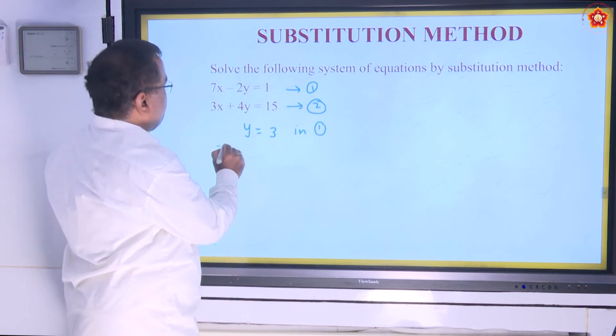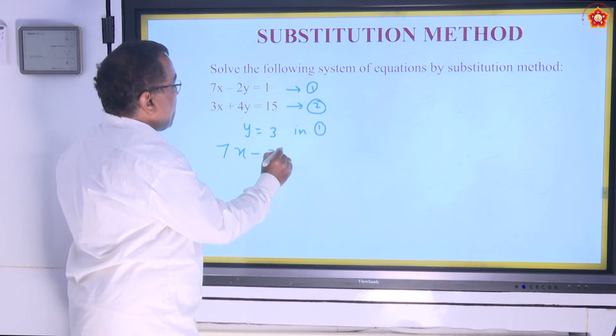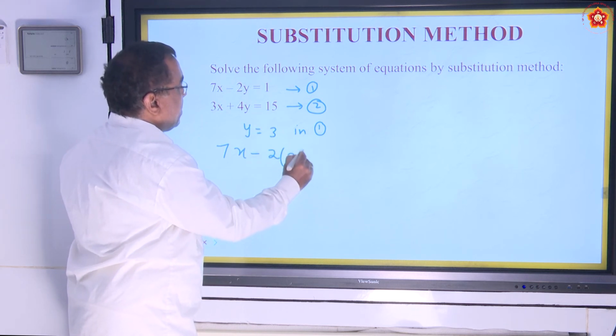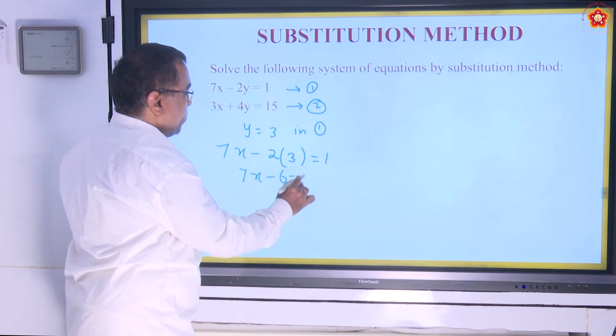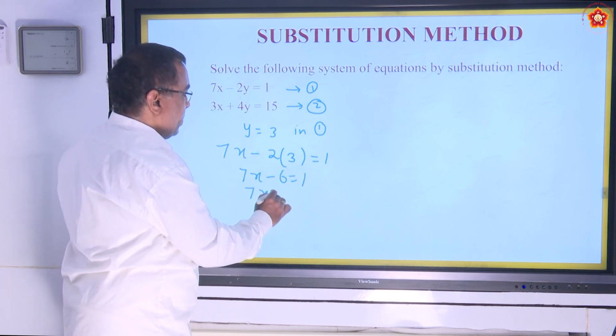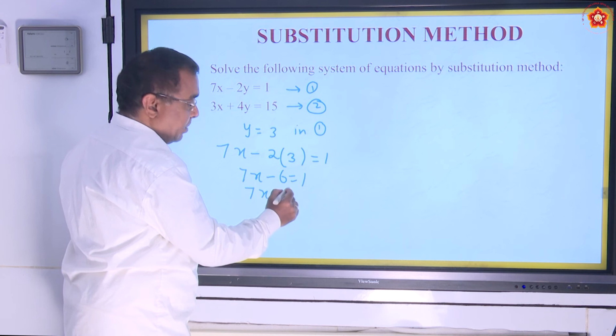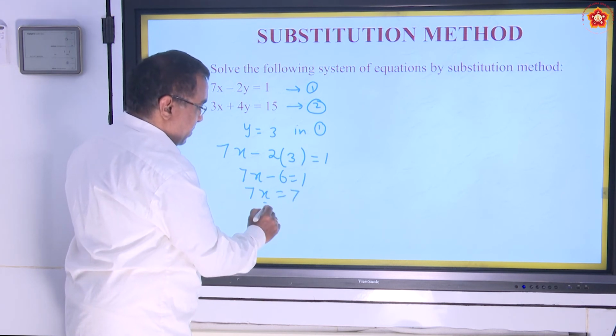That gives 7x minus 2 times y should be equal to 1, or 7x minus 6 equals 1. That gives 7x equals 6 plus 1, taking it to the other side. So the x value equals 1.